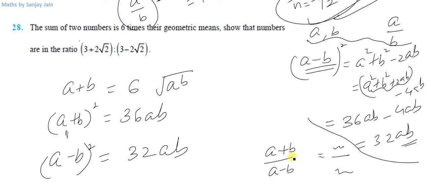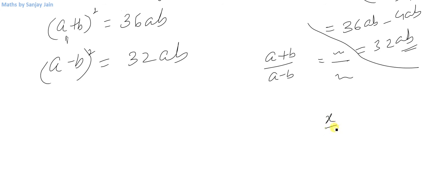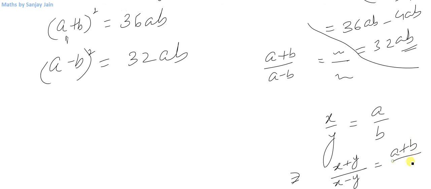By taking componendo and dividendo. In componendo and dividendo, there is a property of ratios, right? If x by y is equal to a by b, let us say, then by componendo and dividendo we can say x plus y divided by x minus y will be equal to a plus b divided by a minus b. And this is always true if this is true, right?